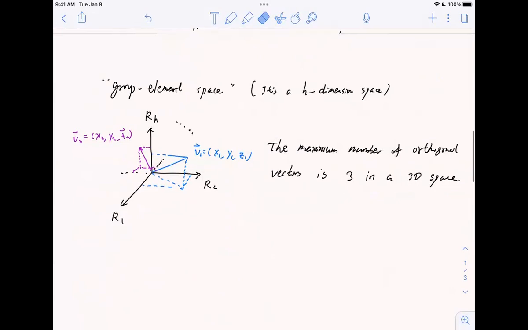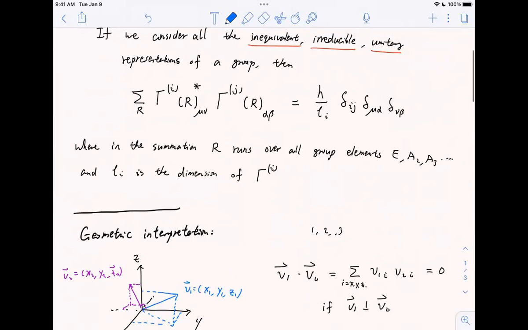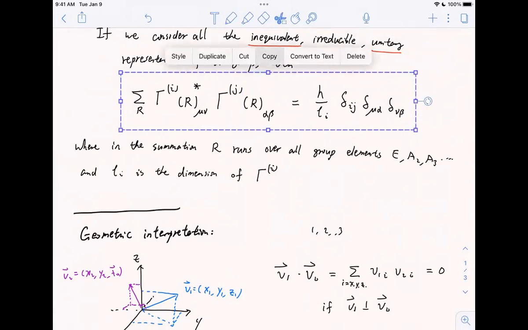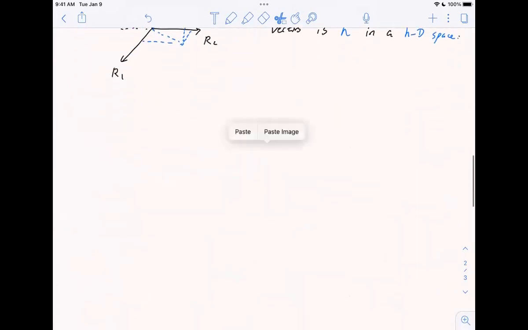The maximum number of orthogonal vectors is H in an H-dimensional space. From this we can already draw a very important conclusion of group theory.